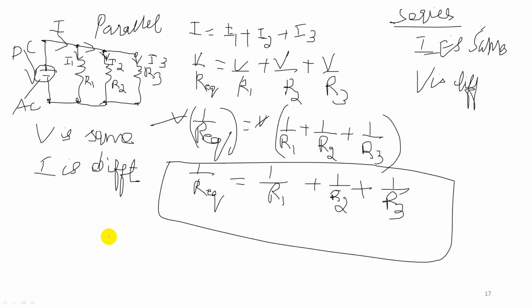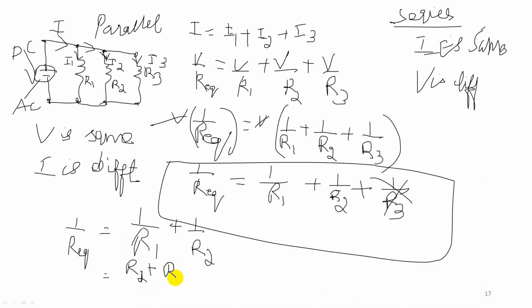Now if there are only two resistances connected, so we don't have the third resistance, only two resistances in parallel, we can write 1 by R equivalent will be equal to only 1 by R1 plus 1 by R2. Now this can be written as R2 plus R1 divided by R1 into R2.